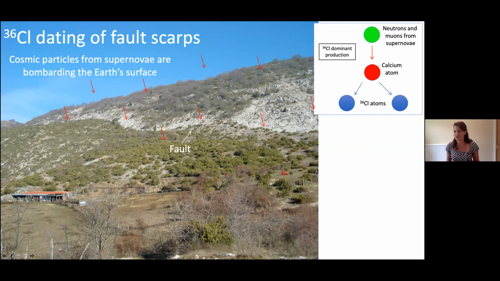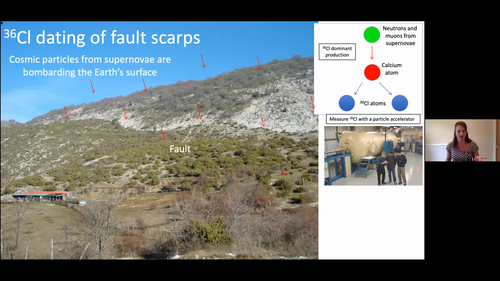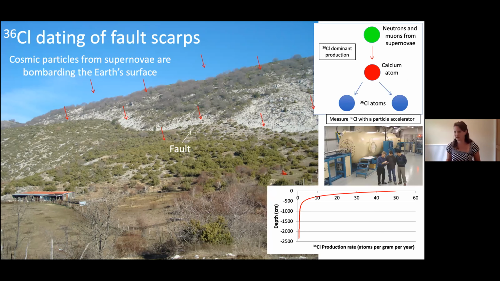And we can measure the amount of 36 chlorine with a particle accelerator. Above the ground, the chlorine accumulates at a constant rate, but below the ground, what we see is that there is a tail off with depth. So this is the production rate of chlorine 36 as you go deeper under the soil.